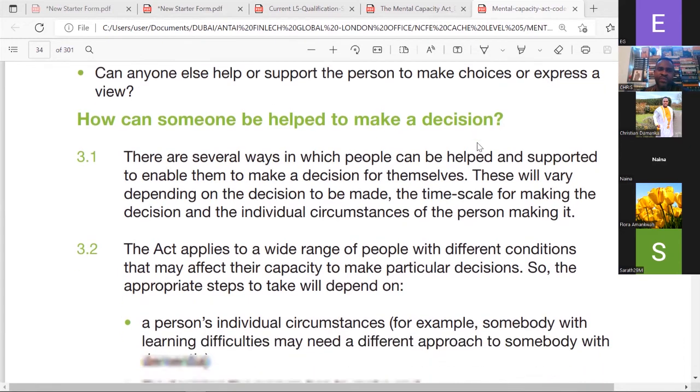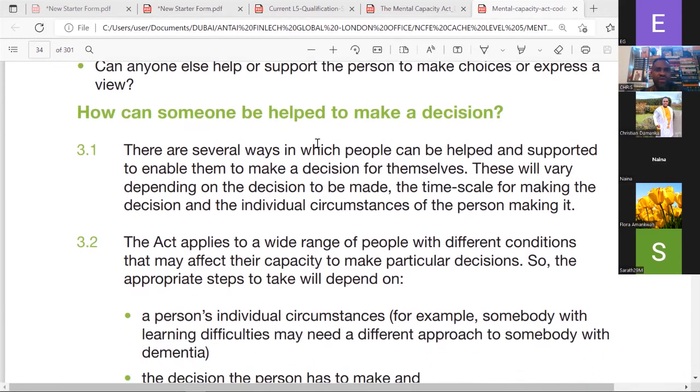And so in considering that question, here are some of the things that you need to think through and explore. There are several ways in which people can be helped and supported to enable them to make decisions for themselves. And they may vary depending on the decision to be made. So these are the variations.